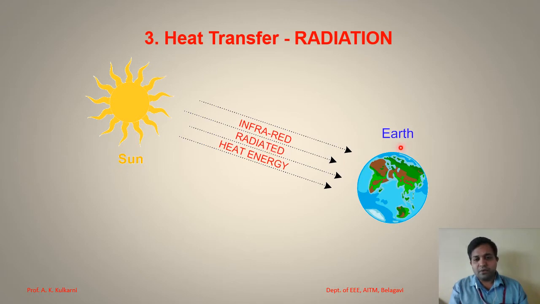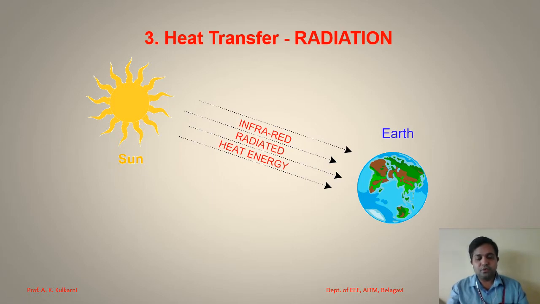Once these rays fall upon the earth's surface, the earth gets heated up. This method of heat transfer is radiation. So there are three modes of heat transfer: conduction, convection and radiation. Hope these heat transfer modes are clear for you.